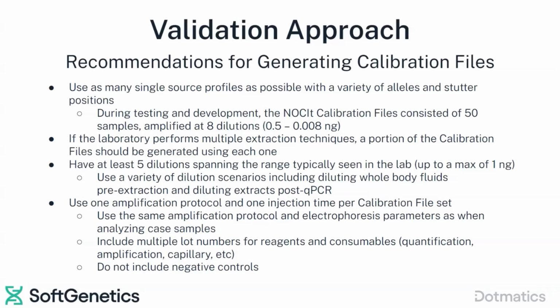It really just depends on your particular samples and their profiles. But as an example, during testing and development, 50 samples were used, and they were amplified at 8 dilutions. If your lab uses multiple extraction techniques, then you'll want to make sure to include samples that have been generated by each one of those techniques.